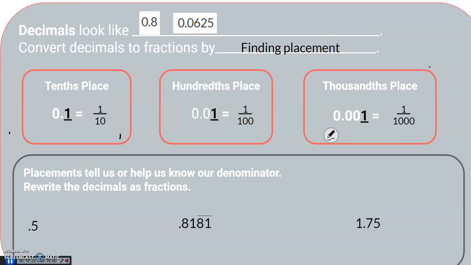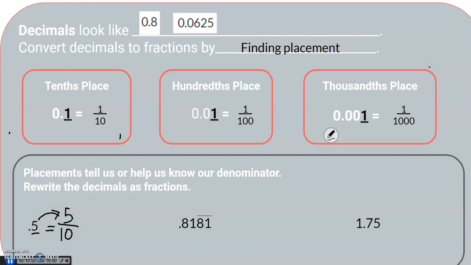So placements are going to tell us or help us know our denominator, and we're going to rewrite the decimal as a fraction. So 0.5 has one place. So we're going to write that as the 5 over our tenths place. For the next, we have to recognize it's repeating.